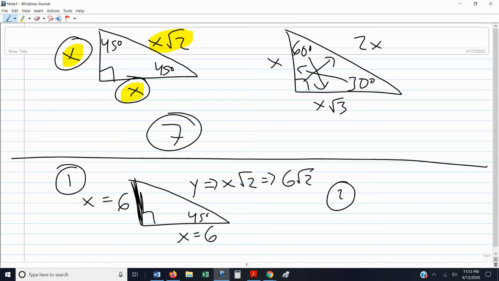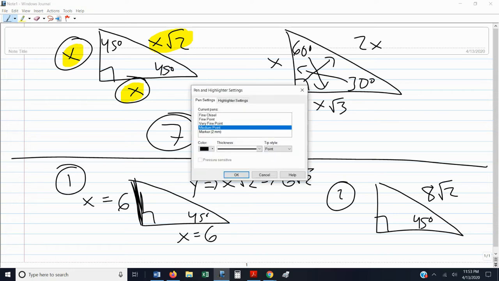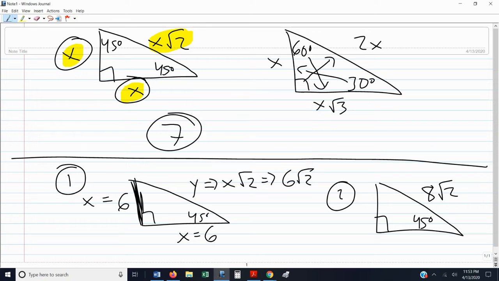For the second question, it's also a 45, 45, 90, and this side is 8 root 2. I'm going to leave the letters off this one. I think that was a little bit confusing. So the fact that it is a 45, 45, 90 means this is x, and this side is x root 2.